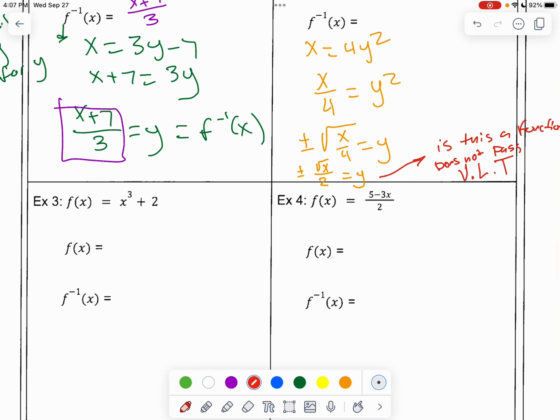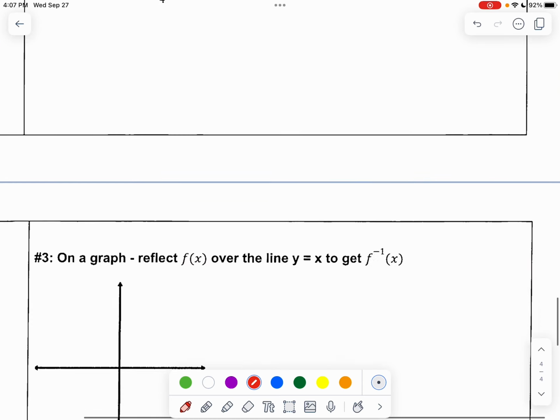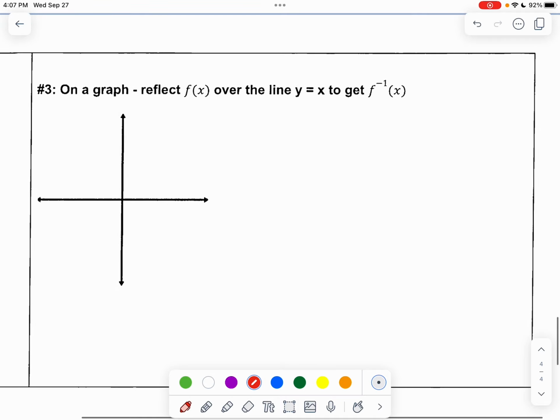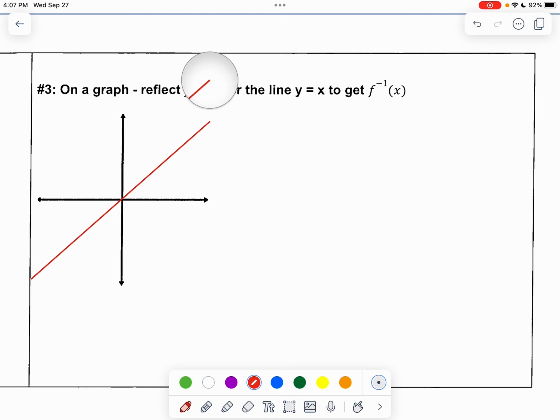Last thing we're going to talk about is on the back side for number 3. On a graph, reflect f of x over the diagonal line, the diagonal line of y equals x. So that's the best diagonal I can do. Hopefully that looks good. So if you see a function where you have this, you can reflect it over.